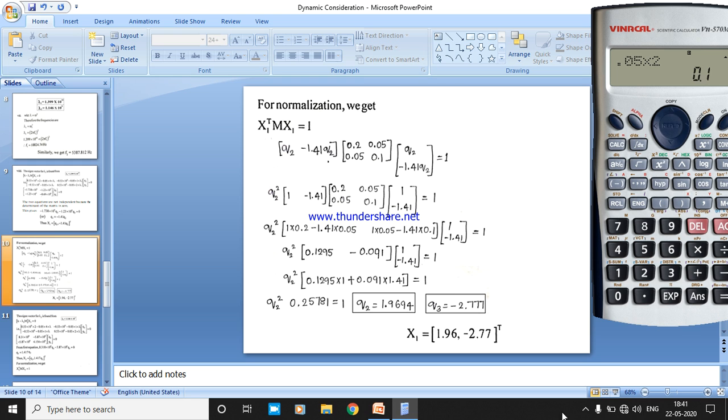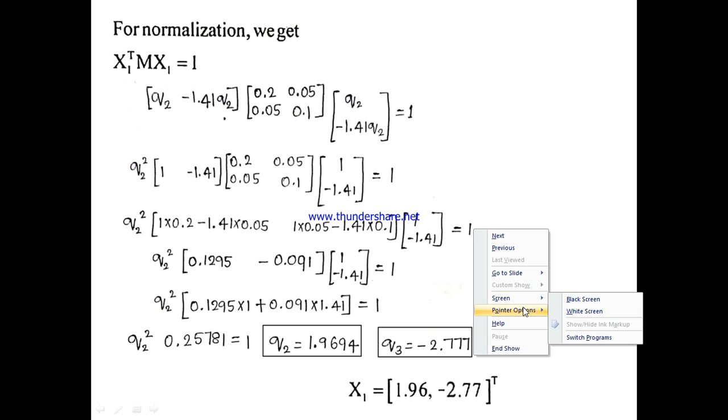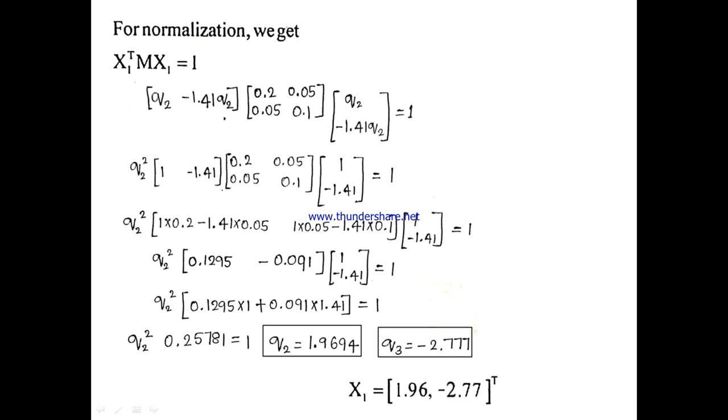I told you how to multiply this matrix, so be careful with the matrix multiplication here. Always check whether the matrix multiplication is possible. This is how many rows and how many columns? I have 1 row, 2 columns, so this is 1 cross 2. This is 2 cross 2. And this is 2 rows, 1 column, 2 cross 1.